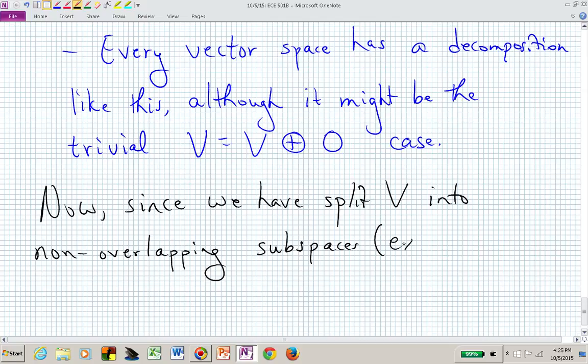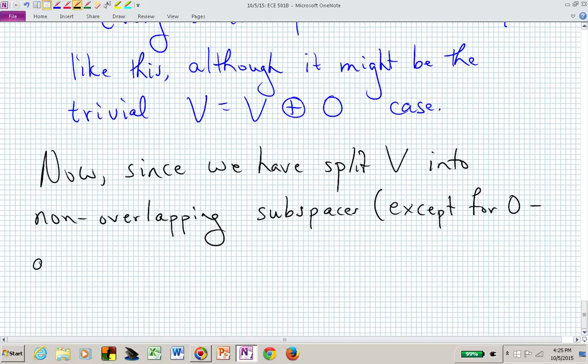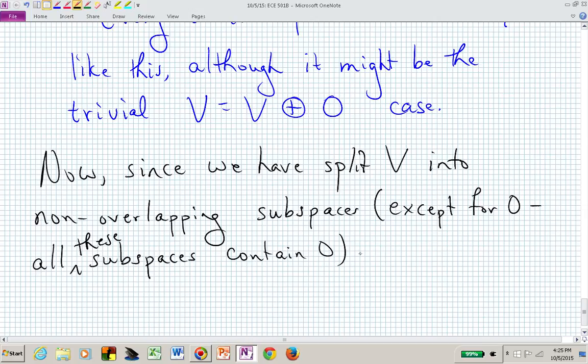Except for 0, and that's one of the properties of a subspace, it has to contain the zero vector. All these subspaces contain the 0.